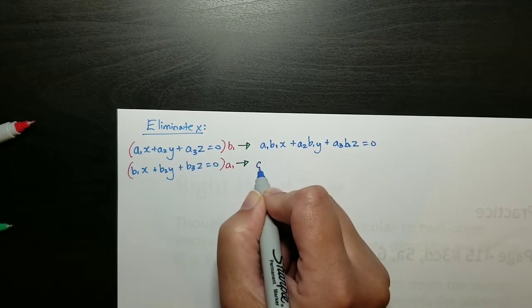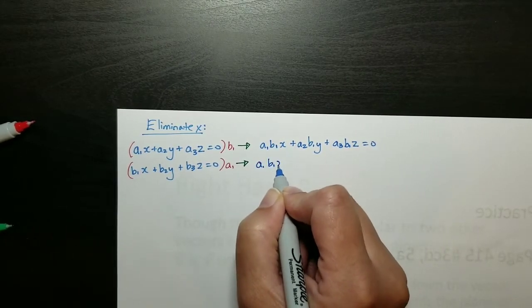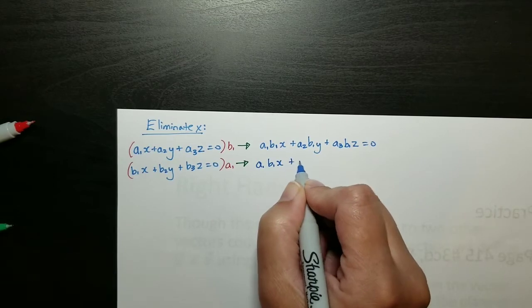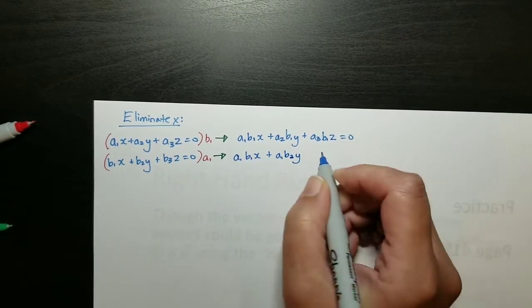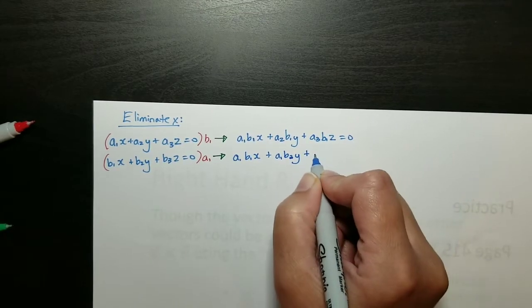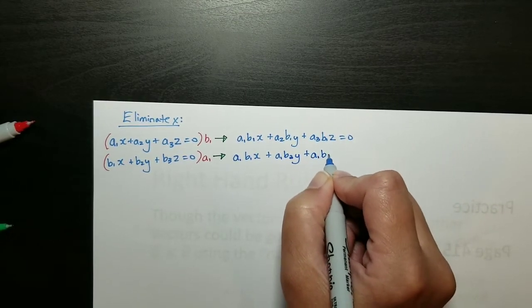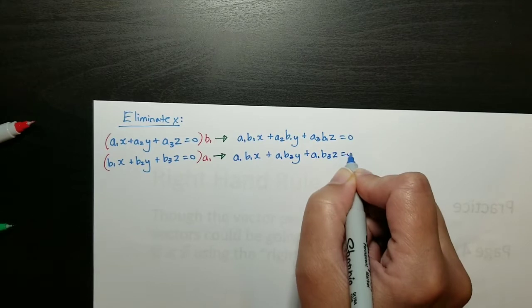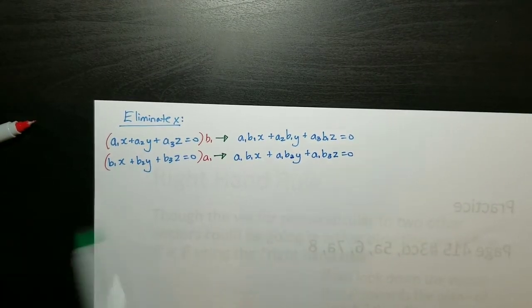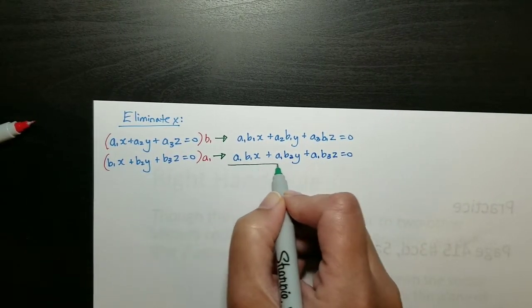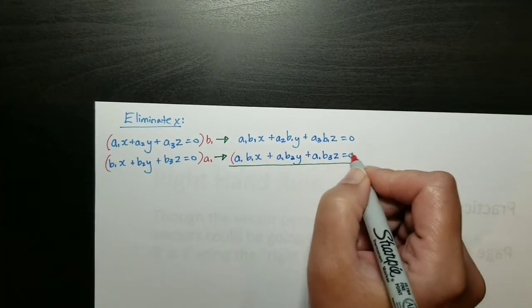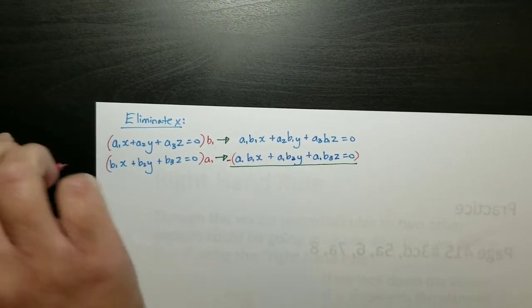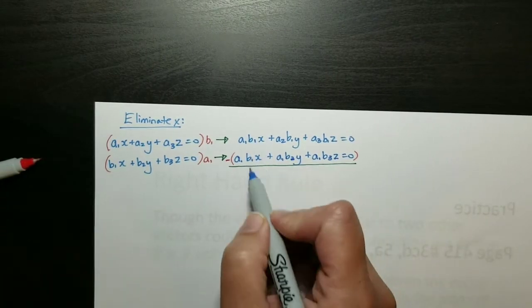And then we have a1b1x plus a1b2y, I have to be careful with all these subscripts, plus a1b3z equals 0. And then I'm going to subtract these. So I'm subtracting these to eliminate the x's.